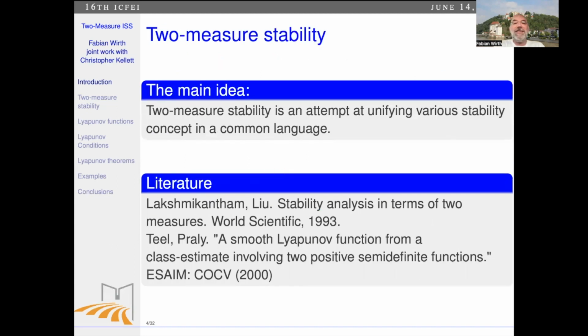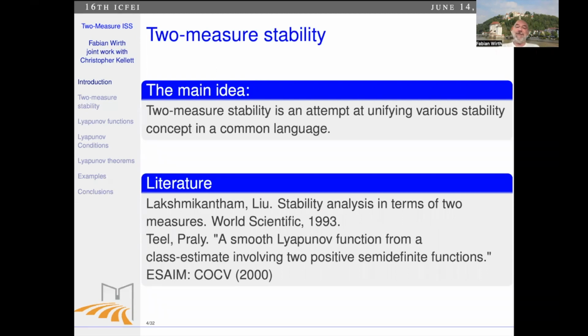Okay, and so what is two-measure stability? Well, if I try to give you an intuition, it's an attempt of unifying various stability concepts in a common language. And there's a book out there by Lakshmikantham and Liu, Stability Analysis in Terms of Two Measures.